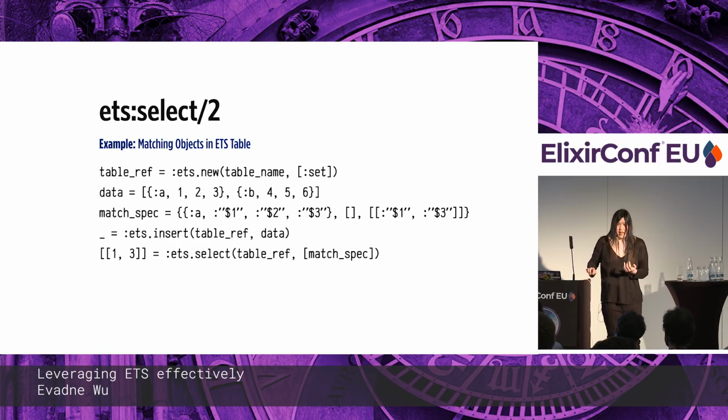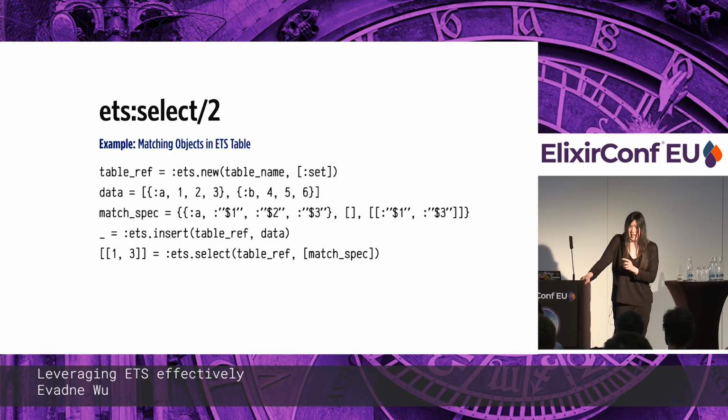The first bit is another tuple, which means I wish to match any tuple that has 4 elements in it. The first one must be the atom A, and then 3 other things. The second element in this match specification, the match condition, is an empty list. It means I don't wish to have any guard conditions. Just give me everything you've got.